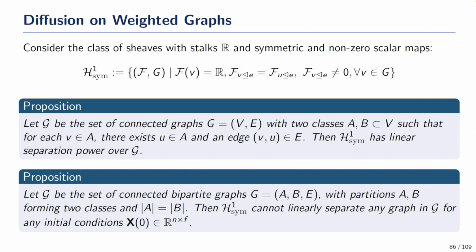Then if you run diffusion with any sheaf in this class, you will not be able to separate perfectly. So you can't have 100% accuracy, basically for any initial conditions. Whatever initial conditions you pick, or features at the beginning, you can't separate these things. And I think it's even stronger than linearity here. It's just you can't separate some things because they will have the same representation.